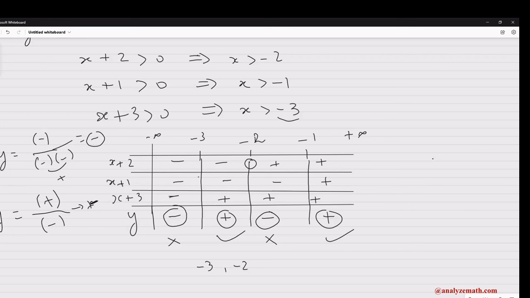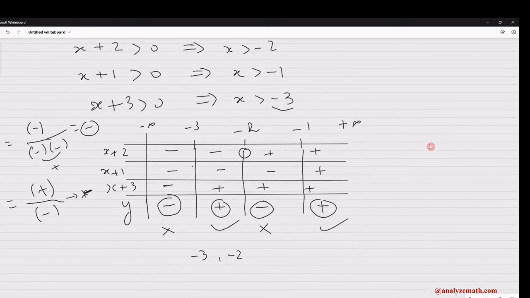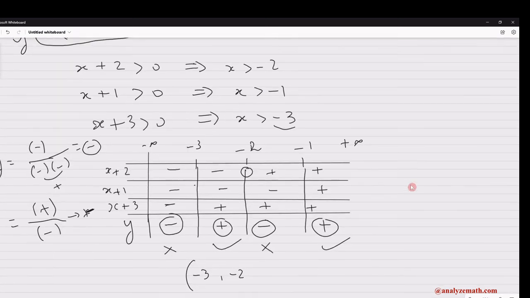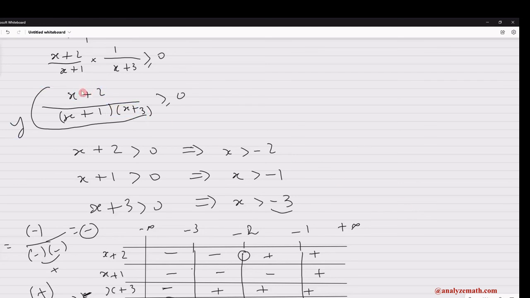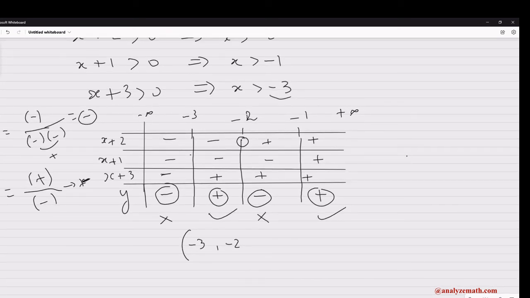Do we accept minus 3? No, because it makes the denominator 0. Look, x plus 3. So minus 3 open. Minus 2, do we accept it? It makes the numerator 0, and equal to 0 is accepted. So we close.